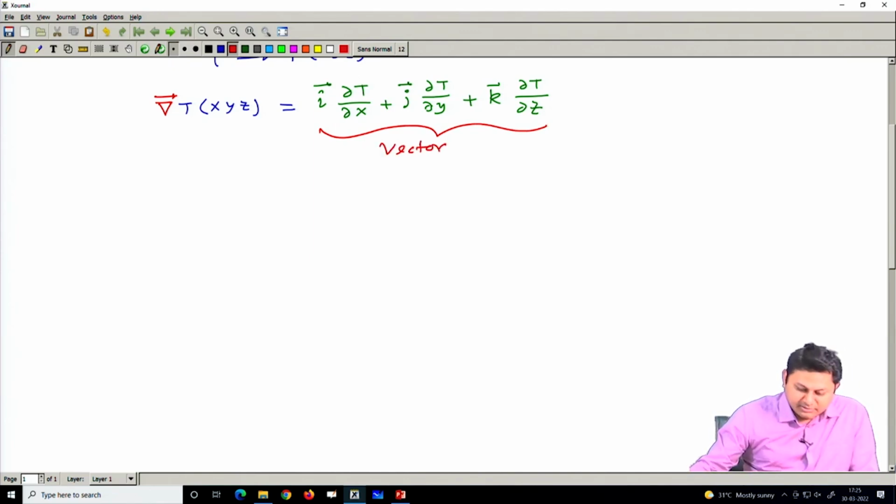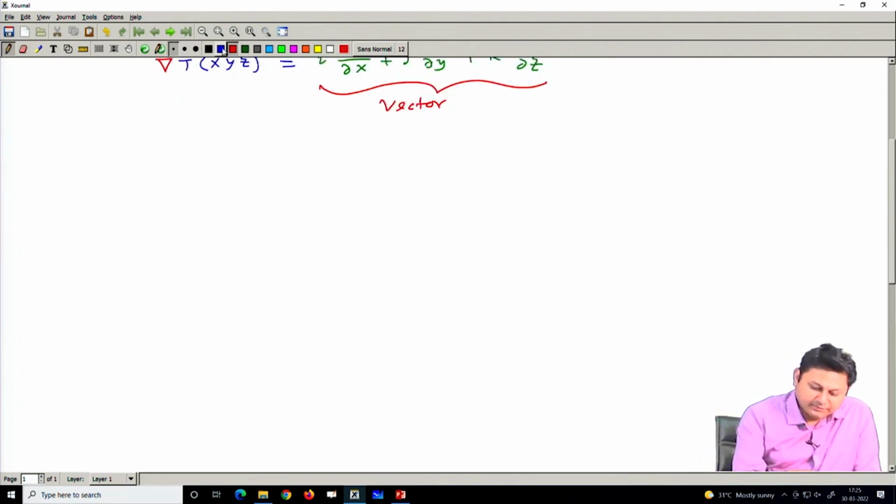And what does it mean? What is the meaning of that thing? So, this eventually tells us the direction.